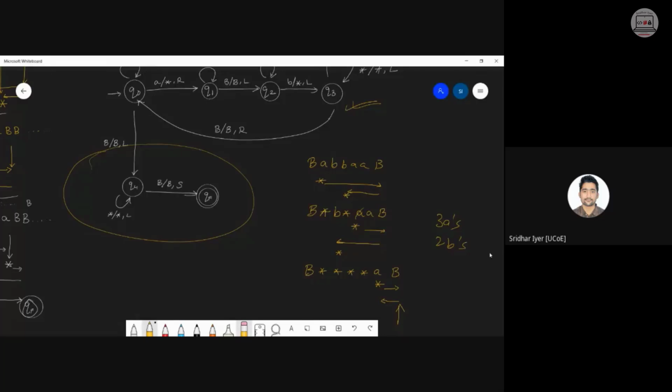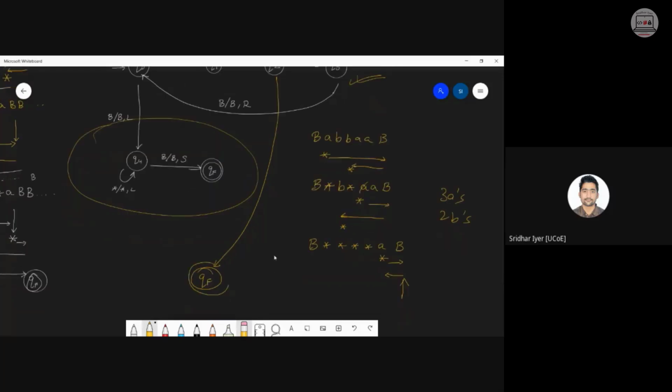So what is happening? I'm reading one extra A over here. I'm making sure that I'm reading one extra A somehow, and then from Q2 state, I can go to the QF state somewhat like this. I'm drawing it over here, and it would be blank stays blank, B B S. Am I clear?